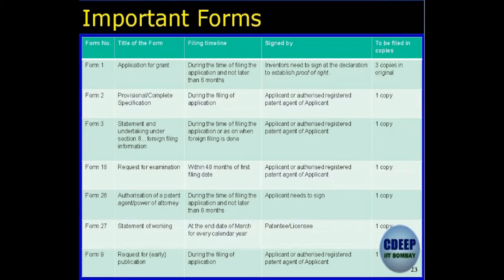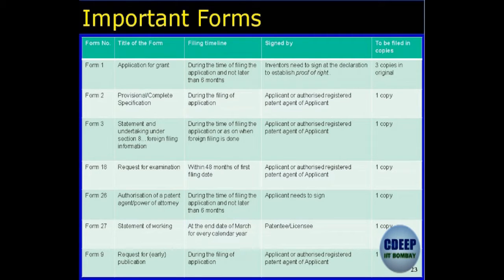Form 2 is a complete or provisional specification; all the experimental details and all the claims are included here. Form 3 gives a declaration for any foreign filing, whether you have filed any related international patents or not. You have to disclose this to the National Patent Office also.